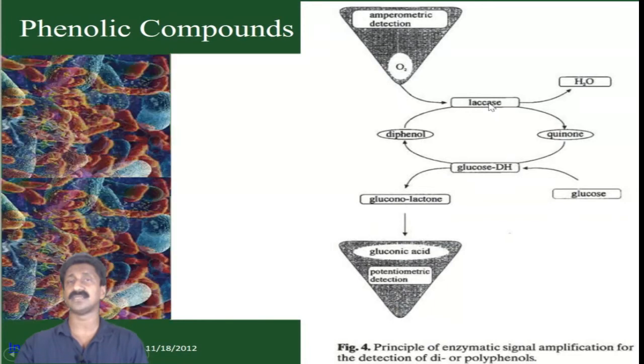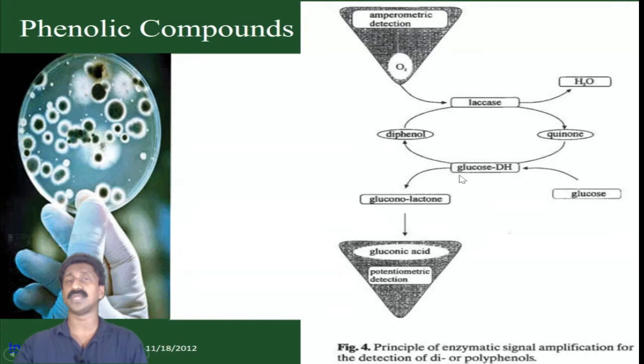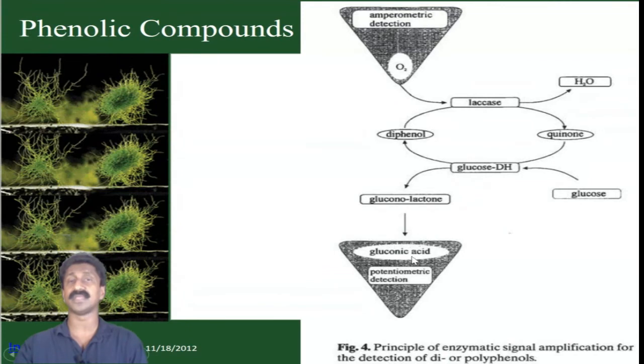This is the laccase enzyme, which actually converts the phenols to quinones. Then the quinone compounds are broken down into gluconolactone by the glucose dehydrogenase enzyme, and the detection product will be gluconic acid, which can be detected using the potentiometric detection system.